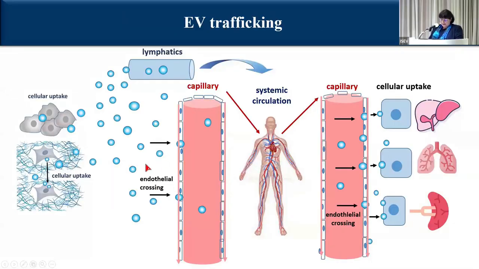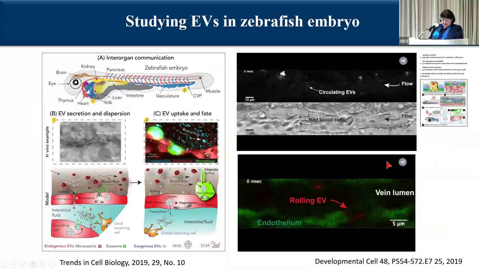So at the end of the day, the circulation via capillaries brings the extracellular vesicles to different locations where the vesicles leave the circulation and are taken up by cells of different organs.